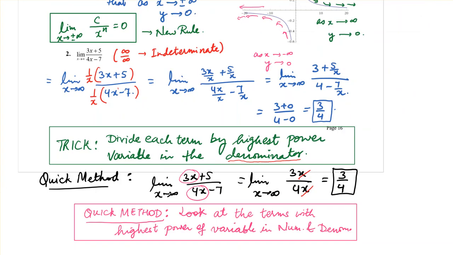So far we have discussed two methods. One is to divide each term by the highest power of the variable in the denominator, or use the quick method in which you just look at the leading term of the numerator and the leading term of the denominator. Let's discuss a few more examples.